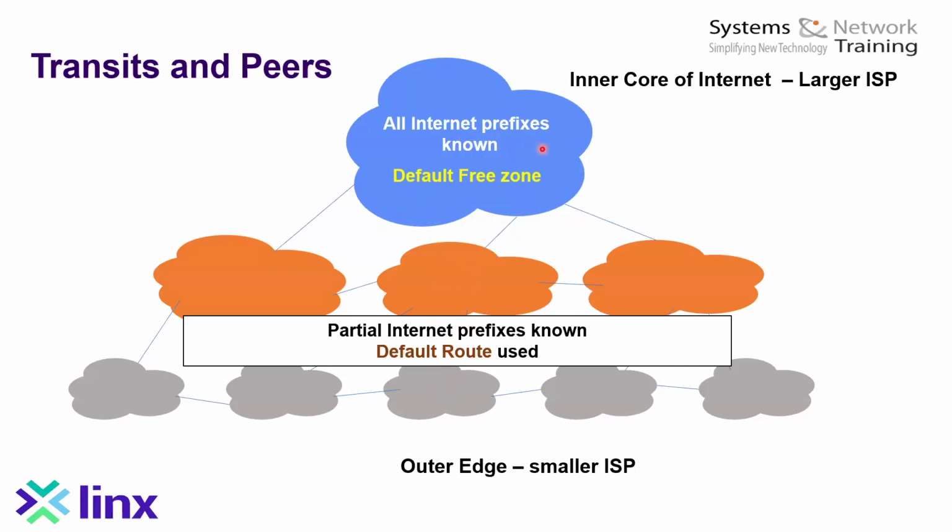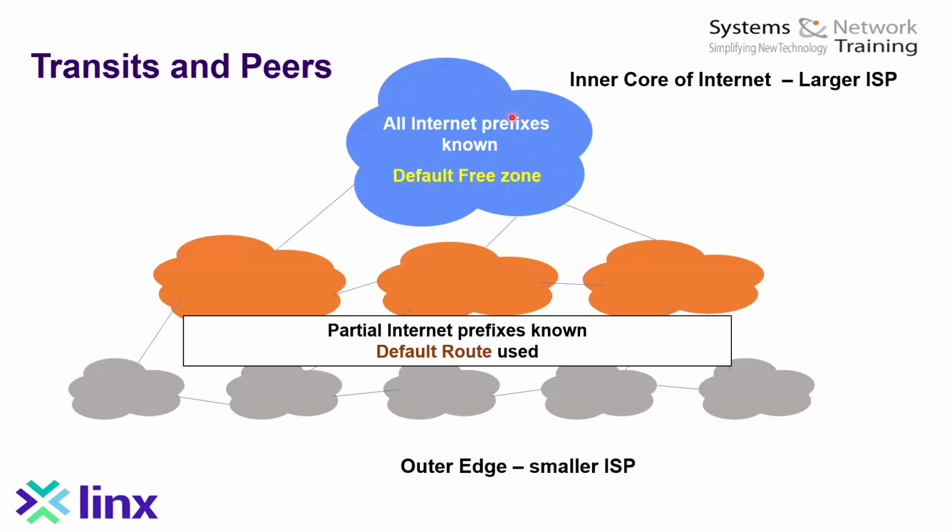And there is a term for the part of the internet, the service providers and the routers of those providers and ASs in the core, if you like, of the internet, where all routes are known. It's called the default free zone. Providers that are part of the default free zone do not pay any upstream provider.